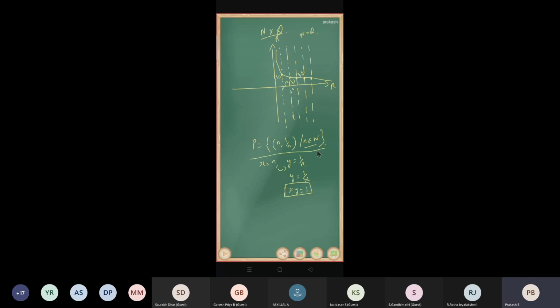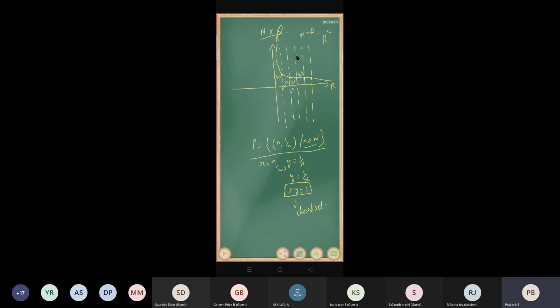Now we are going to check whether it is closed or not. In the whole space R power 2, this curve is a closed set, right? This curve, xy is equal to 1, is a closed set because its complement has two regions.